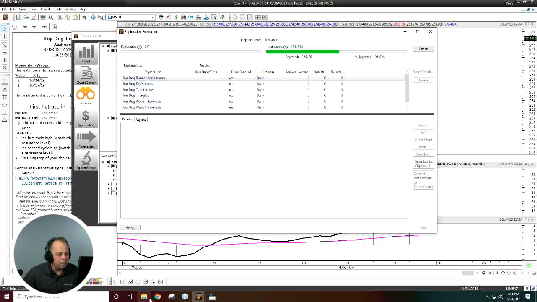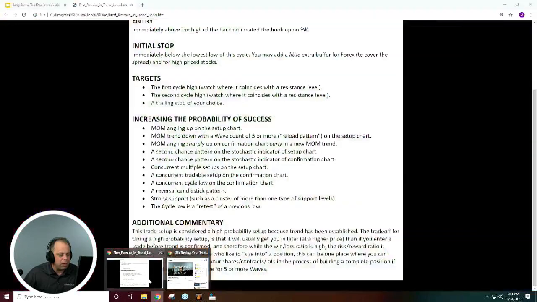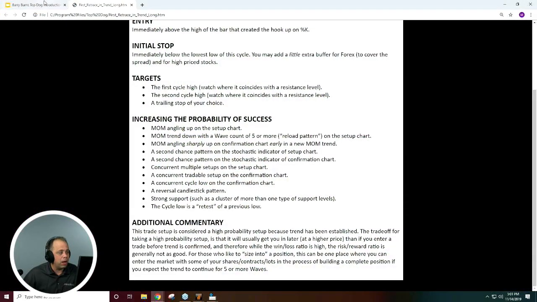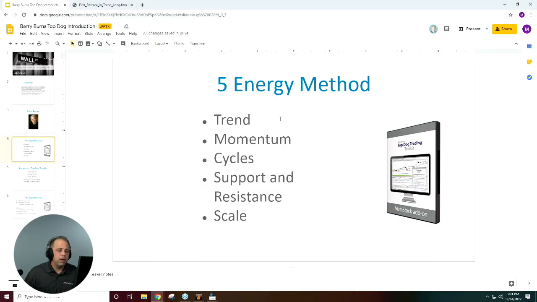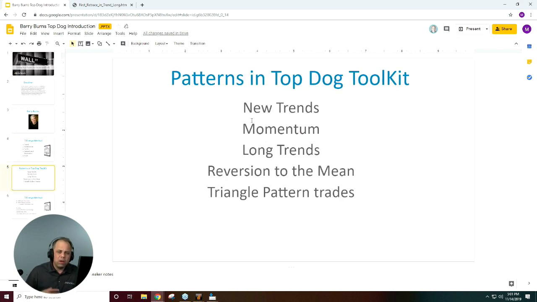So in a nutshell, that's what we did for the Barry Burns add-on. It uses his 5 trend energy method: trend, momentum, cycles, support and resistance, and scale. It combines that and looks for patterns, whether that's a new trend or momentum.